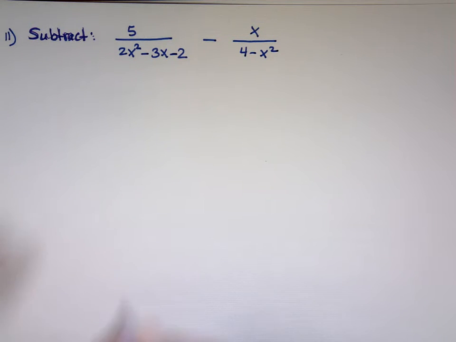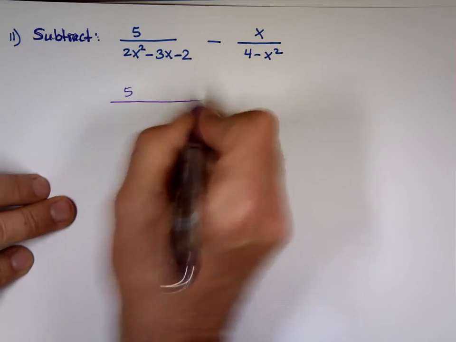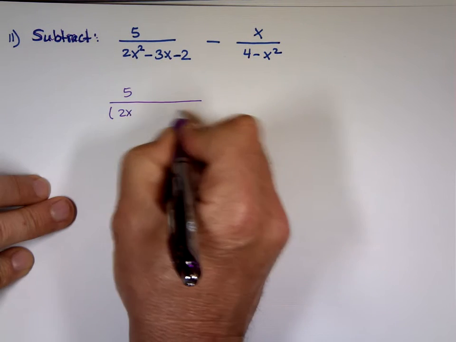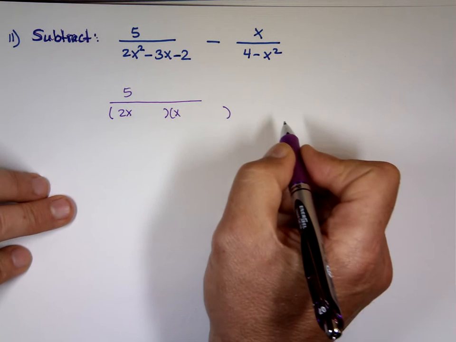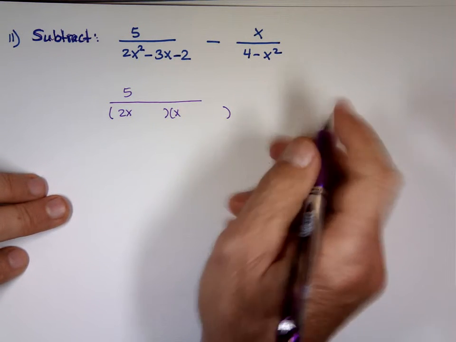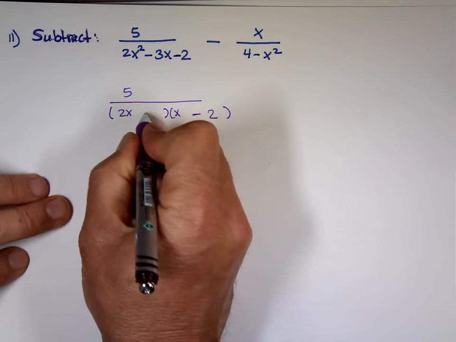This is 5 over 2x squared. Has to be 2x and x. Minus 2, that means one is positive, one is negative. I think that'll give me a minus 2 here, plus the 1 here.